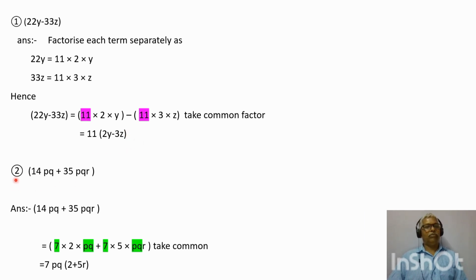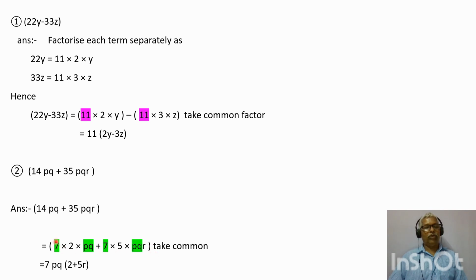Next one, second number, 14PQ plus 35PQR. Okay, answer, I'm rewriting it again and now factorizing it. As you have to solve in exam, you should not solve like this. This is just to understand, it is time consuming to solve like this. 14 is written as 7 into 2 into PQ plus 35 is written as 7 into 5 into PQR.